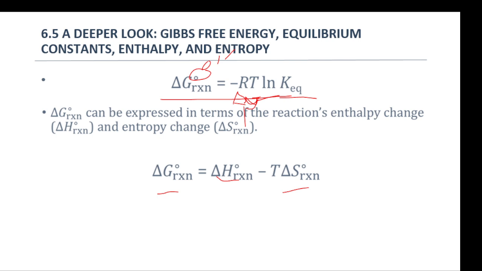What was the entropy again? Randomness is what most people say. Yeah, it's a measure of randomness. That's an okay analogy. A better analogy is it is a measure of the number of possible states. Okay? The less possible states you have, the lower the entropy.